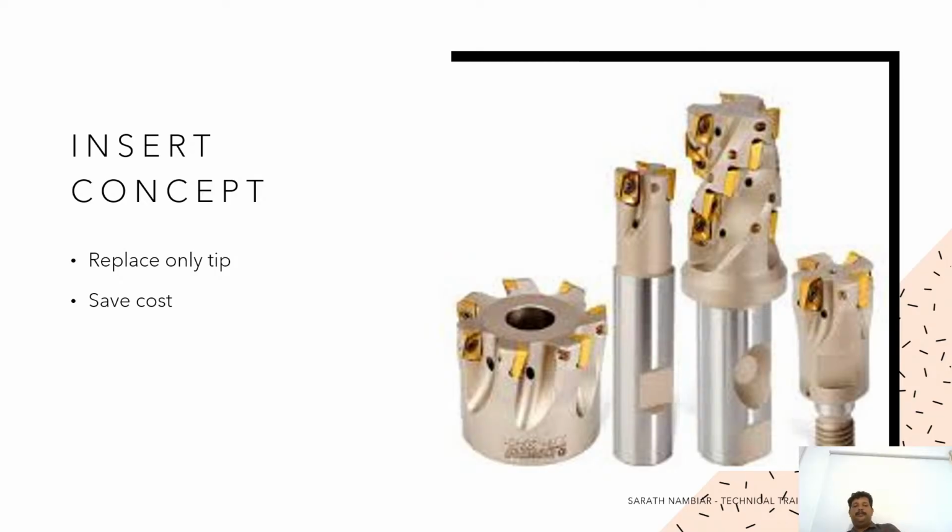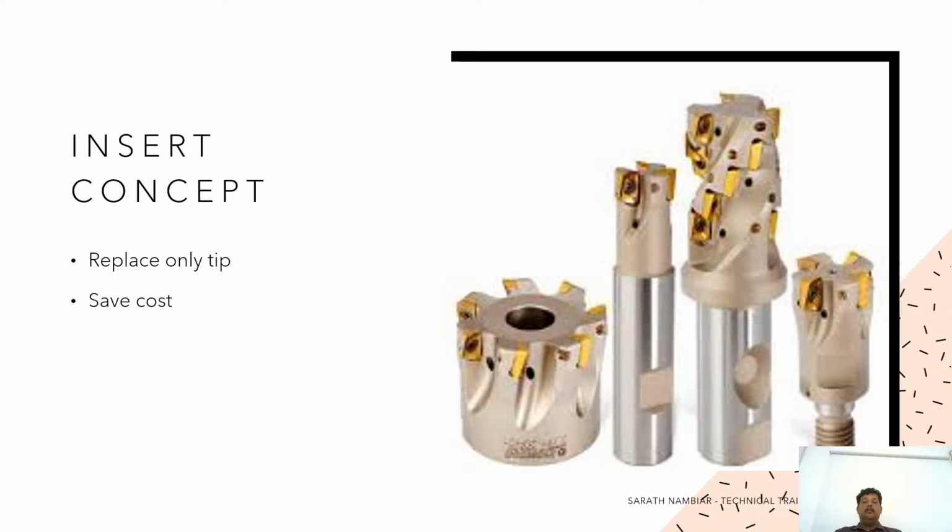Before we move ahead, let's understand one important concept in modern machining: insert tools. Earlier, the tools were made as one solid piece. If the cutting edge wears out, the entire tool has to be replaced.